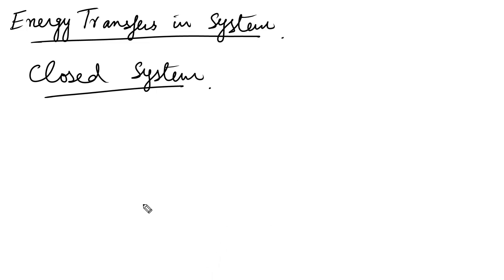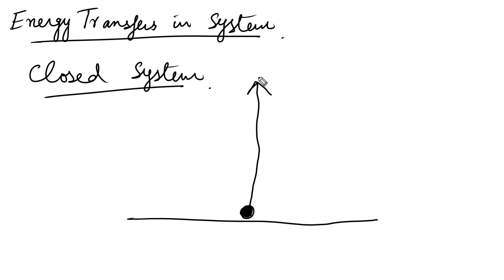For example, let's suppose we are considering a system where there is a ball. This is a ball at the ground. Now we exert some work done onto this ball, and this ball moves to some certain height h. Because the energy at a specific height is called the gravitational potential energy, let's suppose we have done 10 joule of work, then the whole work done will be converted into gravitational potential energy.